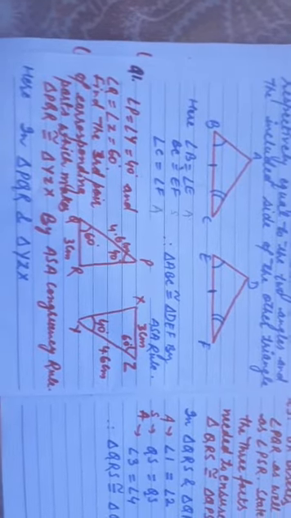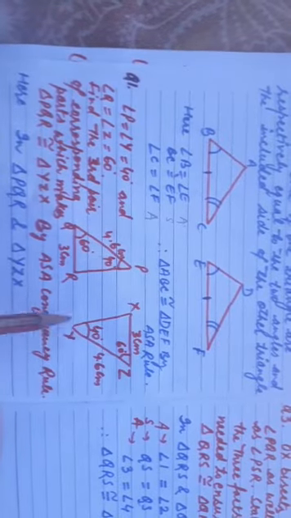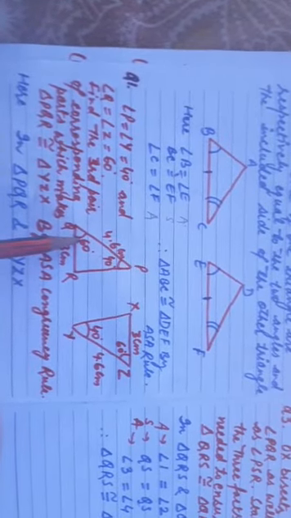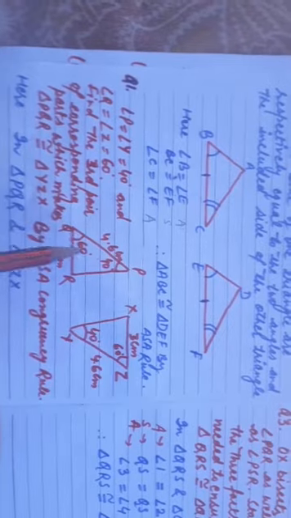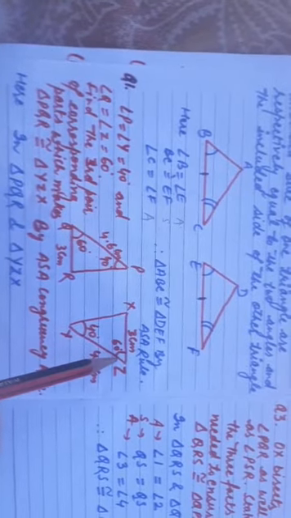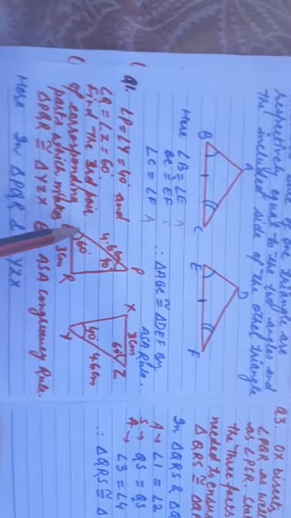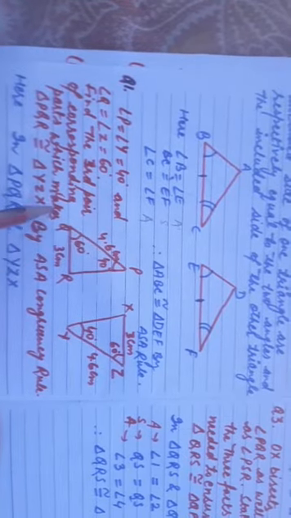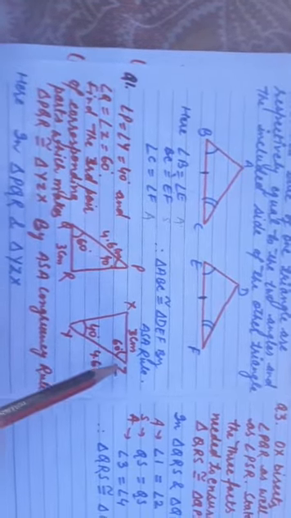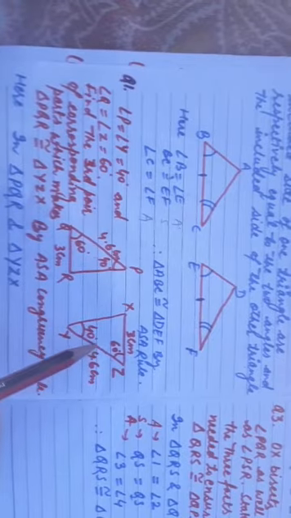So here, angle P is equal to angle Y, that is 40 degrees, and angle Q and Z both are 60 degrees. Then the included side of these two angles is PQ, that is 4.6 centimeters, and here ZY, that is 4.6 centimeters.